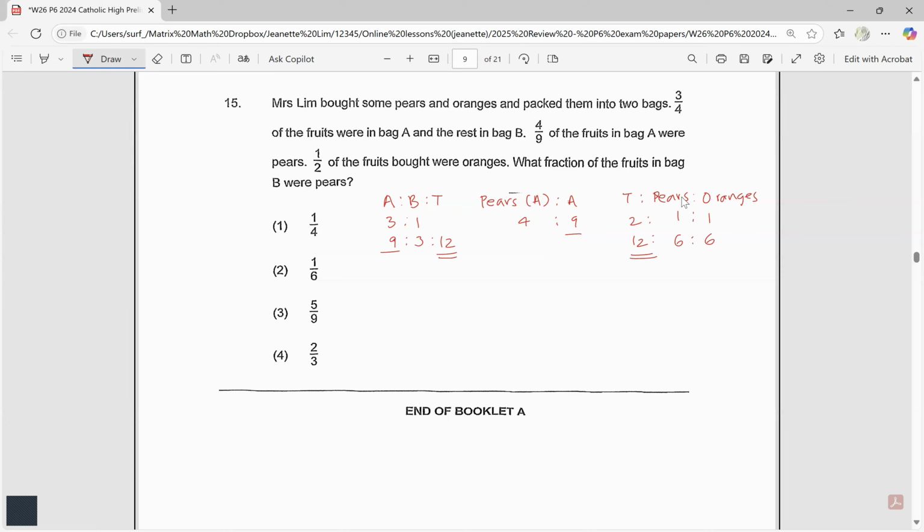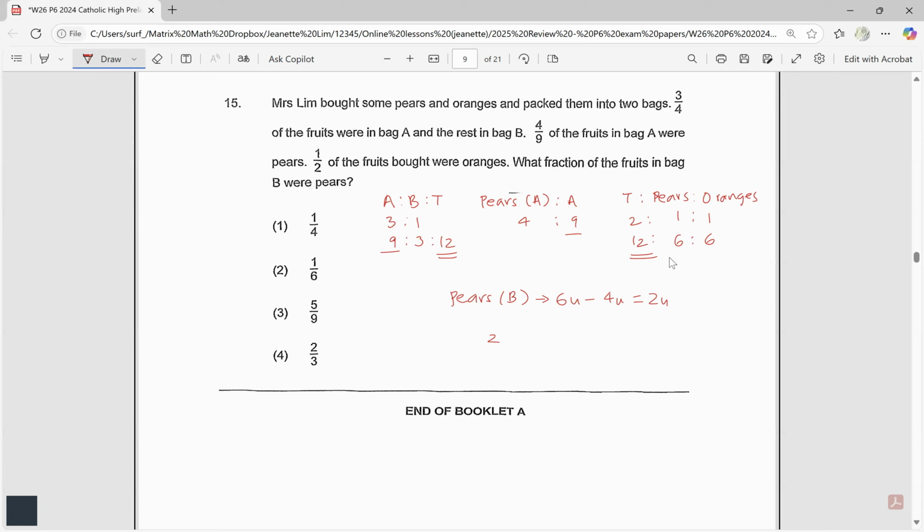So what fraction of the fruits in bag B were pears? Okay, out of all the pears, there's 6 units. Out of the 6 units, 4 units are in bag A. So the pears in bag B would be 6 units minus 4 units, which is 2 units.